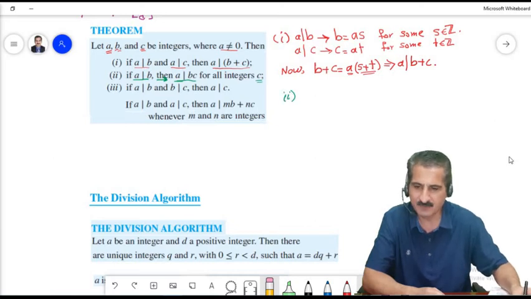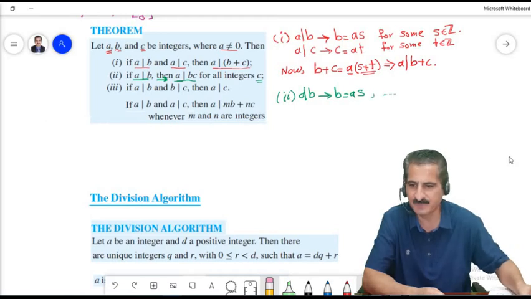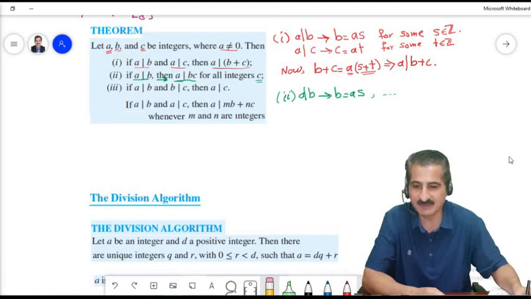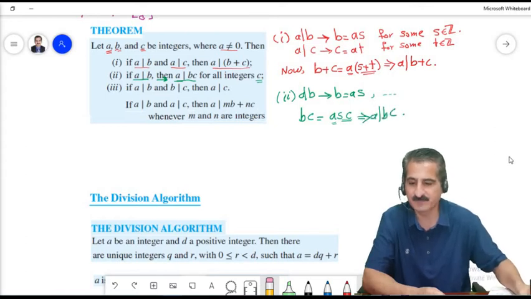To prove it, a divides b means b equals a times s for some s belonging to Z. And now we want to show that bc is a multiple of a, so b times c is a times s times c. So this is a multiple of a. And that simply gives a divides bc. This is so easy.